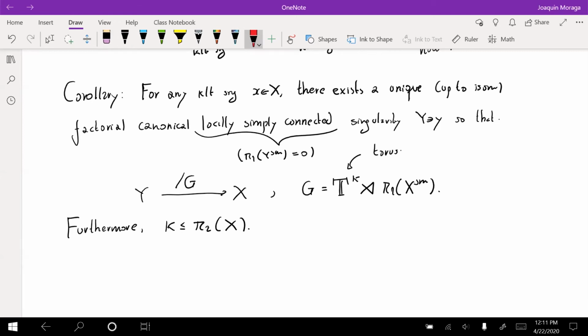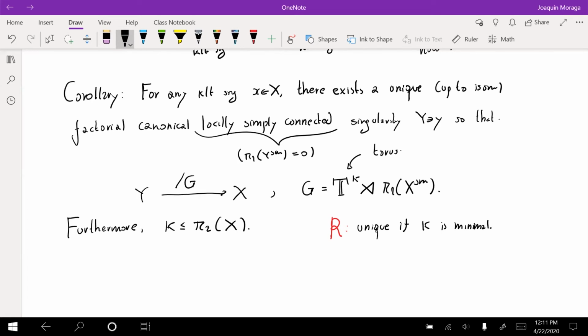Here I should make a remark. This is unique if k is minimal. Of course, you can just multiply this singularity by a torus and keep going higher and higher. But that won't change the factoriality, the canonical singularity, nor the locally simply connected property. So if you pick k minimum, it is unique.